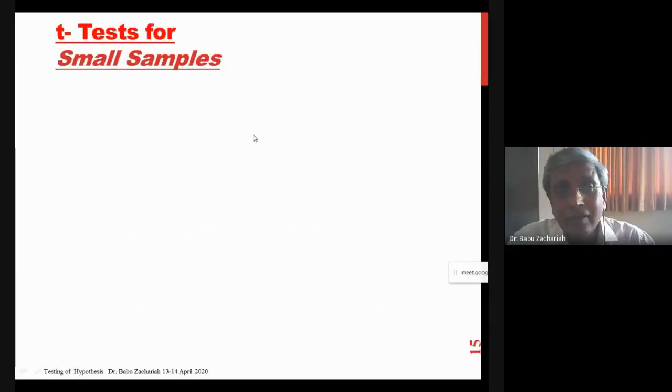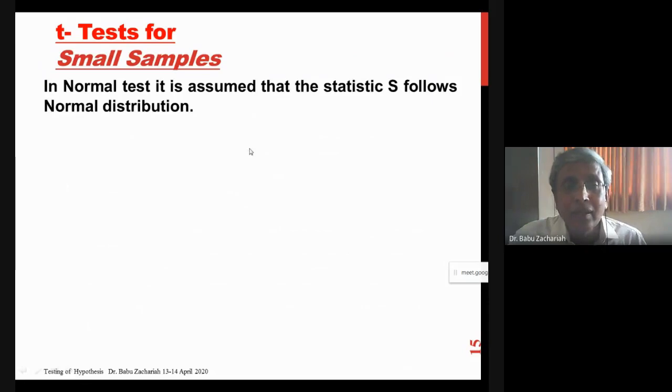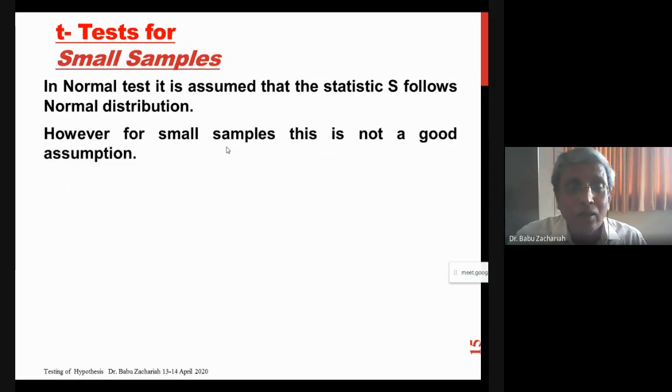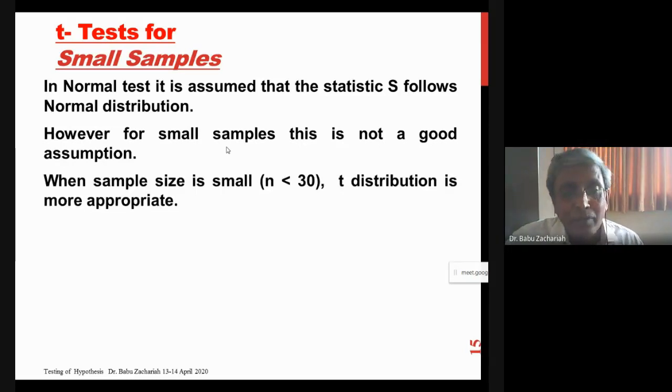Now, t-test for small samples. In the normal test, it is assumed that statistic S follows a normal distribution. To assume that, we need a large sample. However, for small samples, this is not a good assumption. When sample size is small, t-distribution is more appropriate.